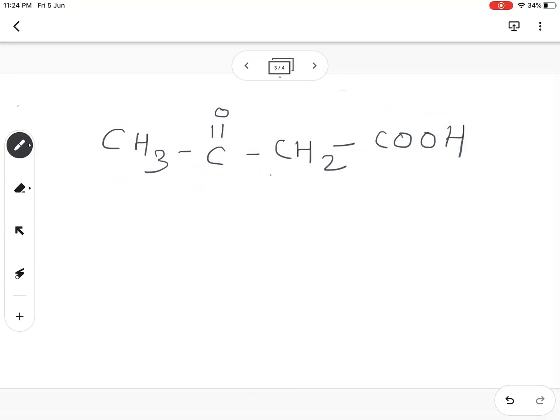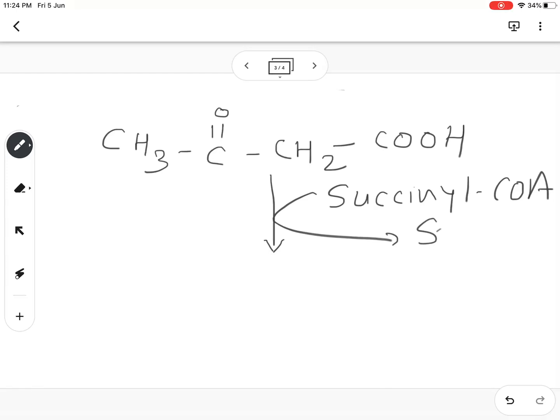So succinyl-CoA donates the coenzyme A, and in turn it is converted into succinate.